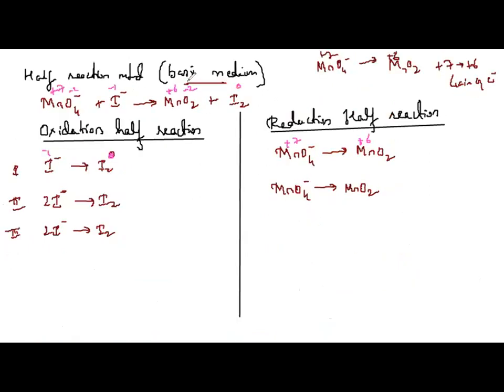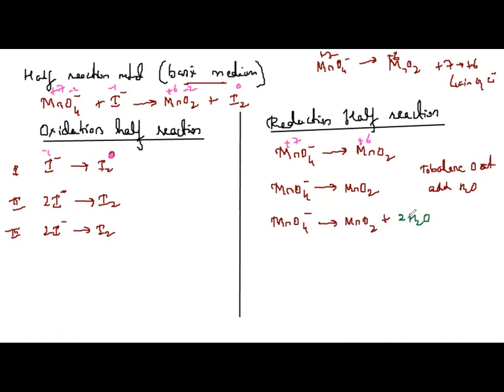Unlike that, if the reaction is in basic medium, to balance oxygen atoms, add water molecules on the right side. Let me add. MnO4 minus is there. Here it is MnO2. How many oxygens have to be balanced? Here there are 4 oxygens, here there are 2. So I will add 2 H2O. Correct.